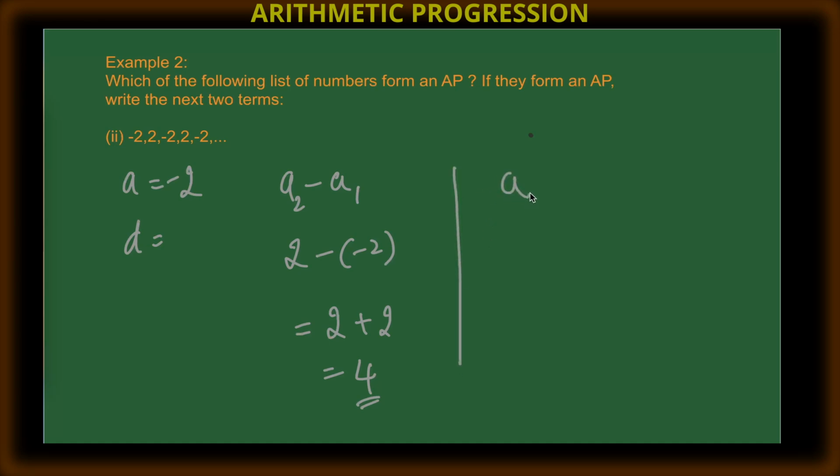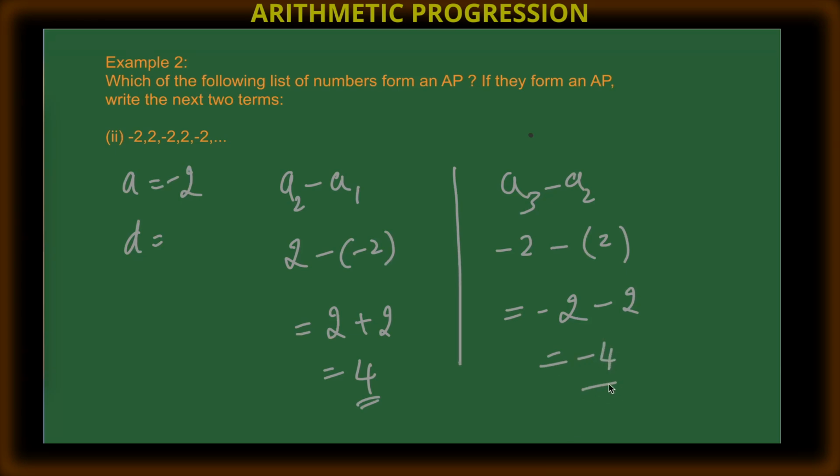Let's take now the third term minus the second term. What is the third term? Third term is minus 2 minus of 2. Okay, so minus 2 minus into plus is minus 2, which becomes minus 4.